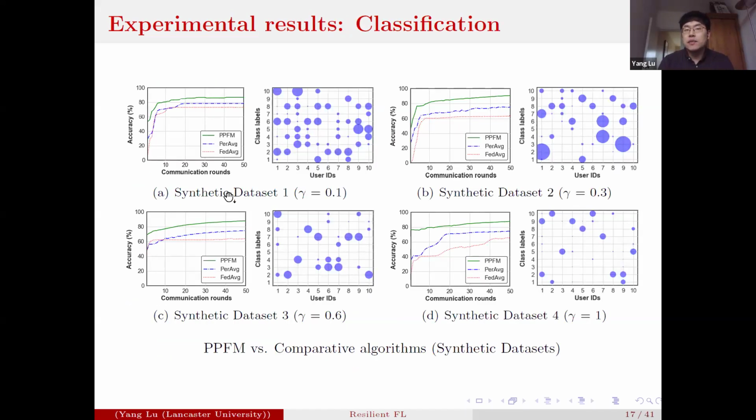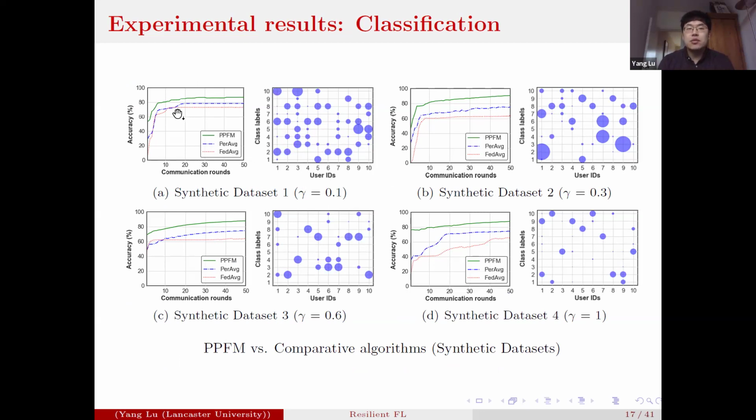So this is the performance for classification tasks. Here in these results, we have one parameter gamma, which controls the heterogeneity levels of the data set. With a larger gamma, it means that the data features among users are more different. So we compare to 2 baselines.